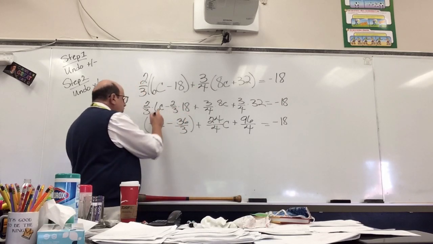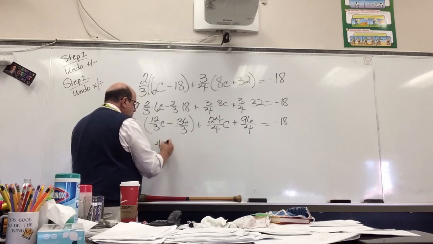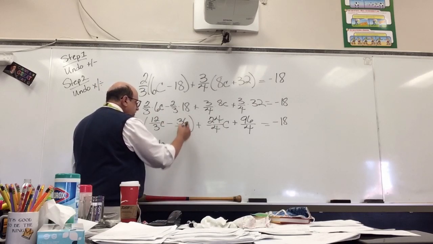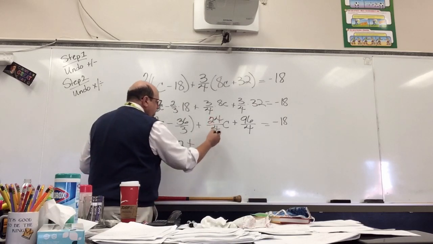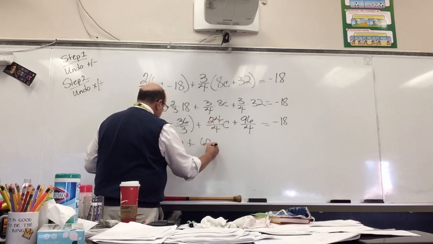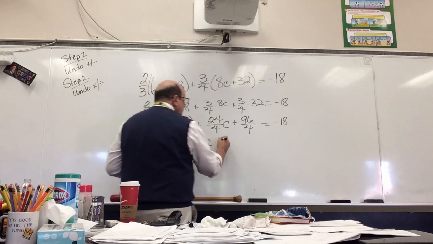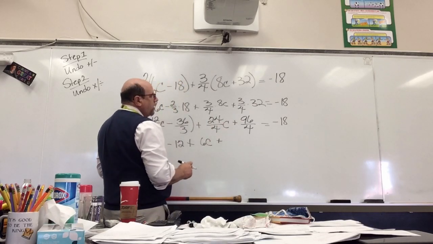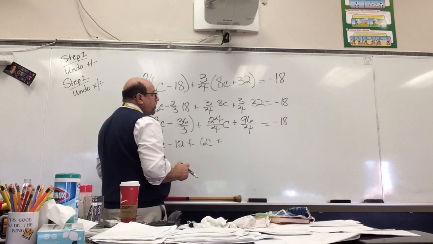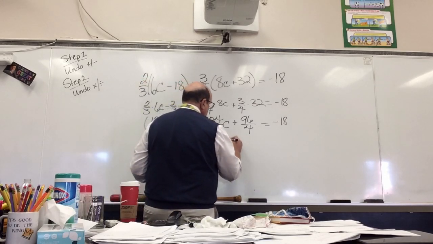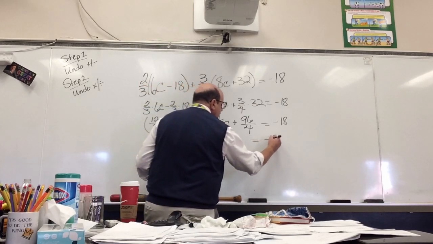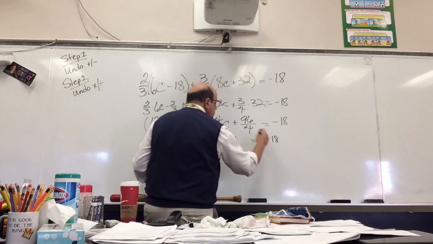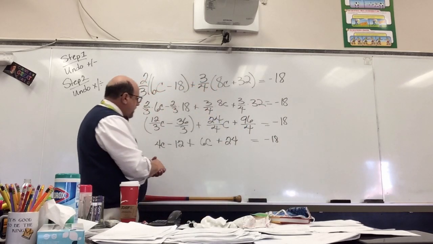I know for a fact that 12 divided by 3 is 4, so we have 4c minus 36 divided by 3, which is 12, plus 24 divided by 4 is 6c. There we go. And then, oh gosh, what's that one? That is 24, right? 24. All right, and that equals negative 18. And hopefully you'll keep your equal sign in line. I didn't, but that's the way it goes.